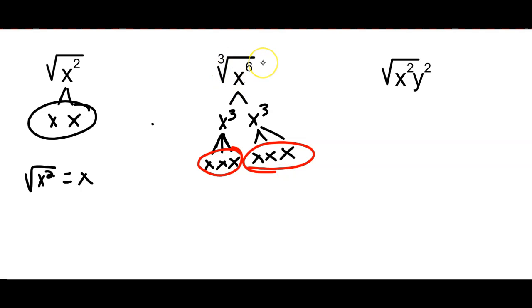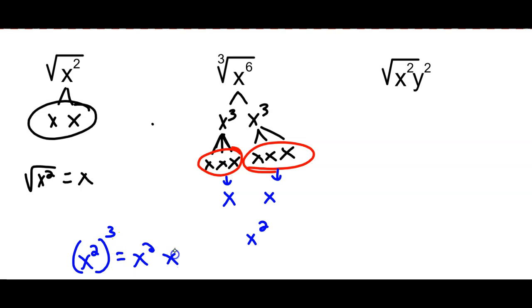So the cubic root of x to the 6 is the same thing as x times x, which is x squared. And this should make sense if you were to cube x squared. Let's write that out. x squared to the third power should give you x to the 6. So you write out x squared 3 times, and you multiply. When you multiply them, you add the exponents, you get x to the 6.